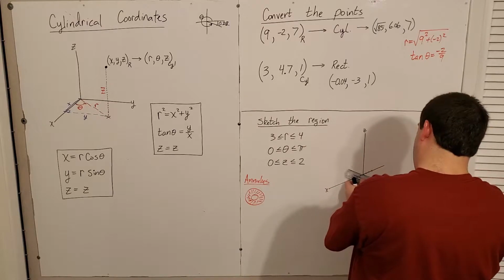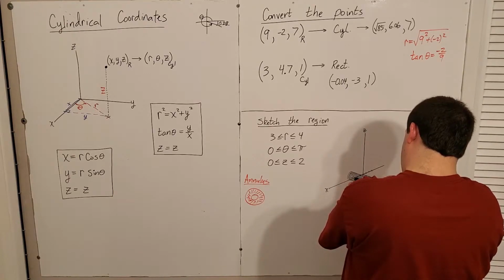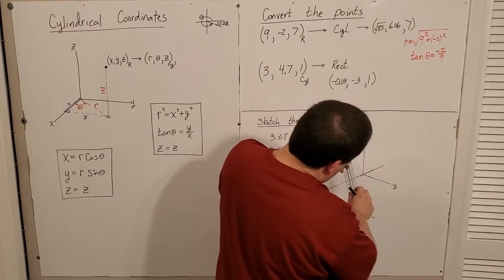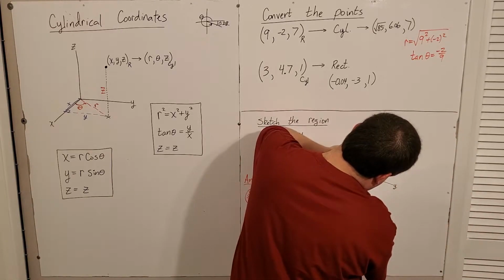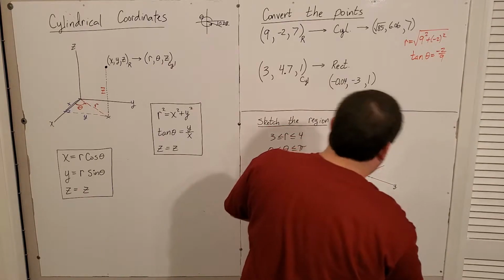Like that. And like that. While I'm at it, I'll go ahead and measure a couple of marks on the z-axis as well, since we'll need that also. I'll go ahead and put 4 marks, even though I don't need that many.